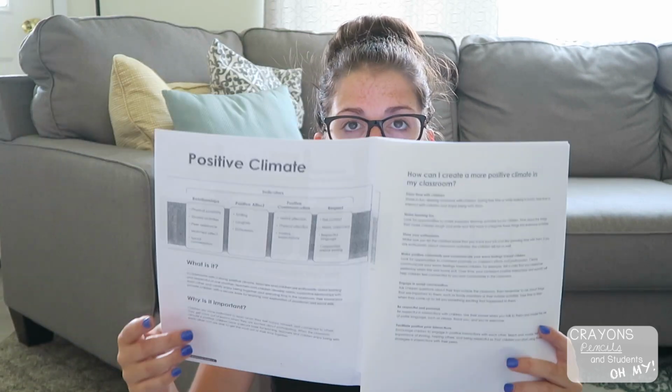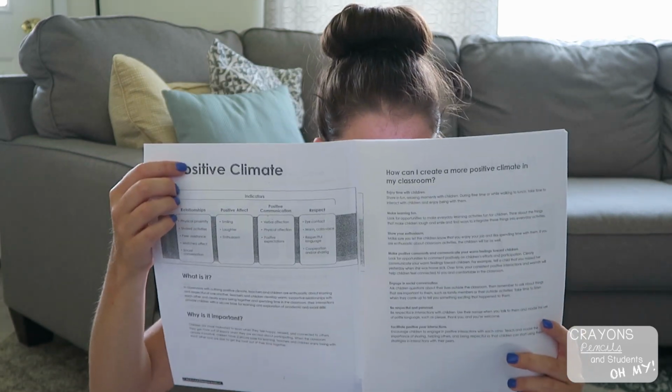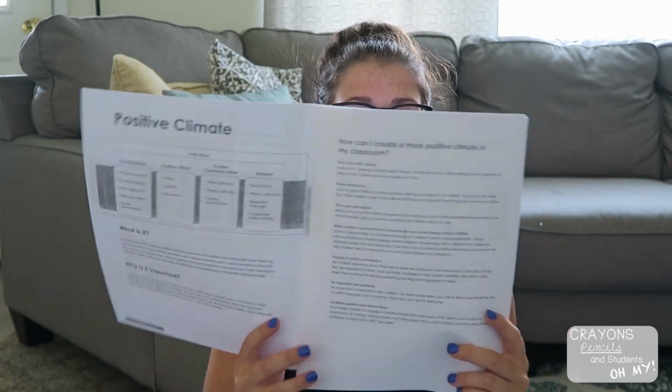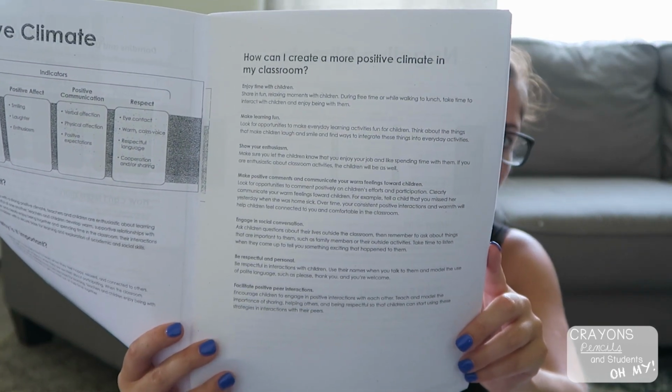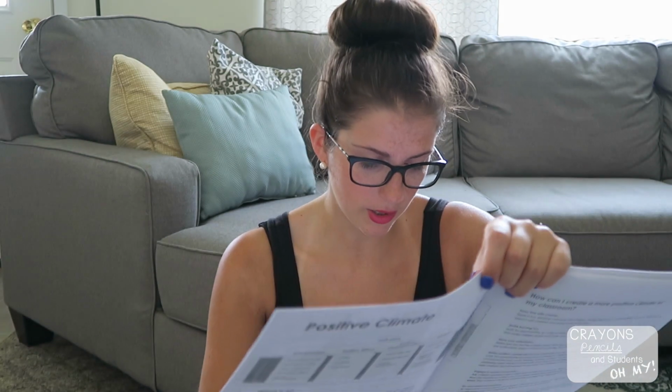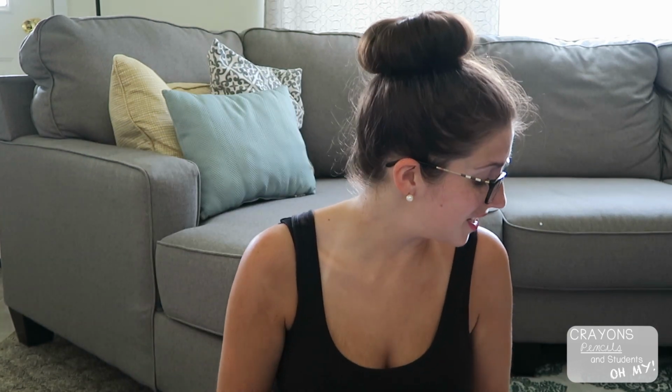Like for each indicator or each dimension, it gives you a whole page on how to improve that in your classroom. So this came from a training, so I wish that I knew exactly where to get these from, but I'm sure that there's information that these have that you can get in your manual if you have a manual. But basically, that's pretty much it.